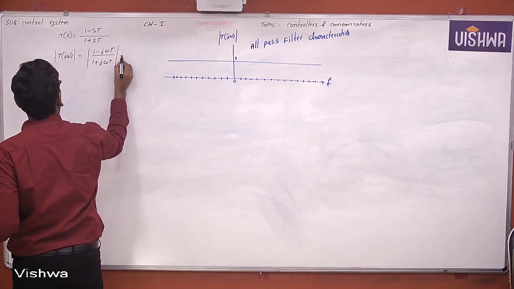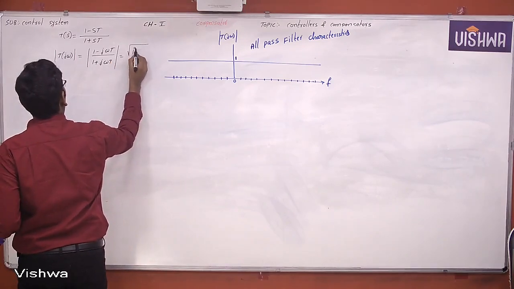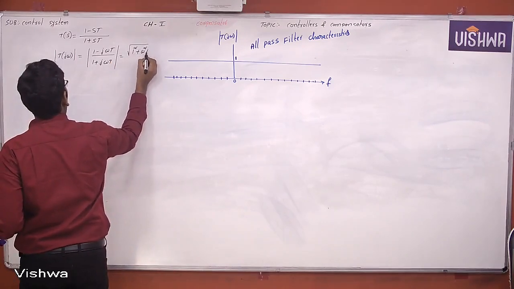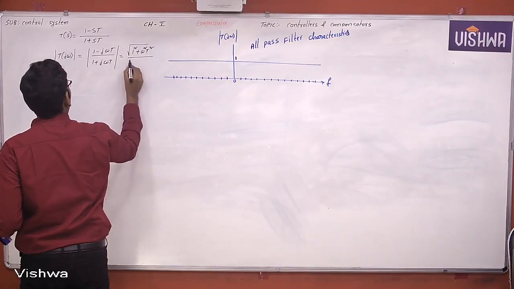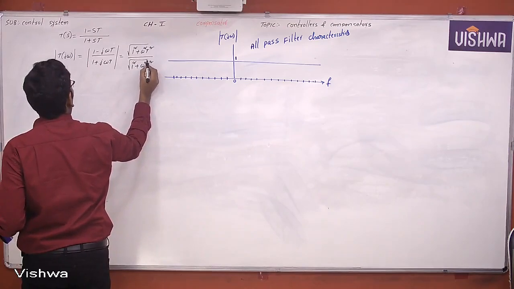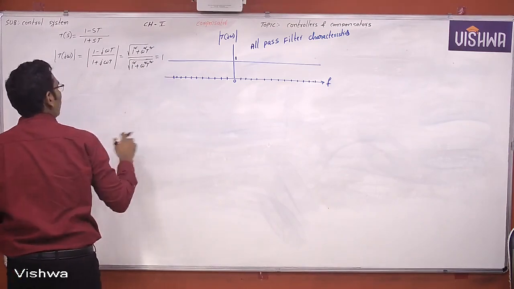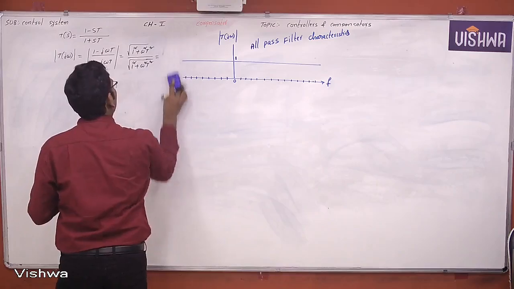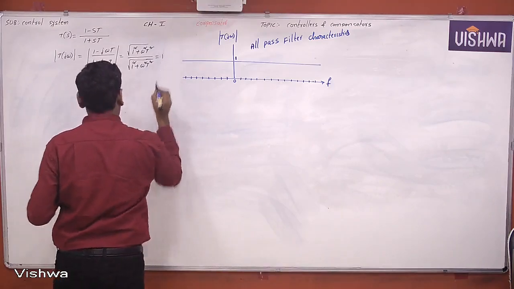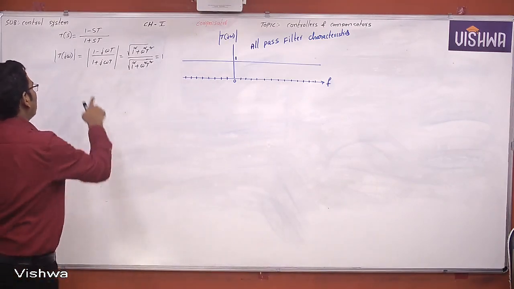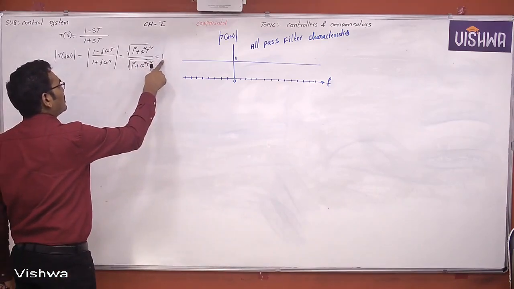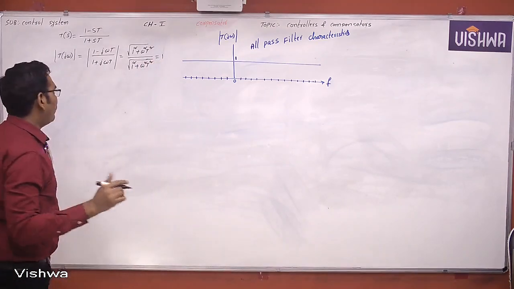What is the magnitude? Square root of a squared plus b squared, which is equal to 1, which is constant and independent of all the frequencies. The magnitude gain is constant and equal to 1 for all the frequencies.